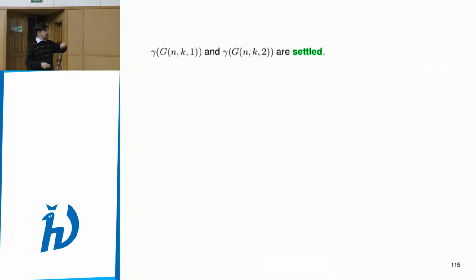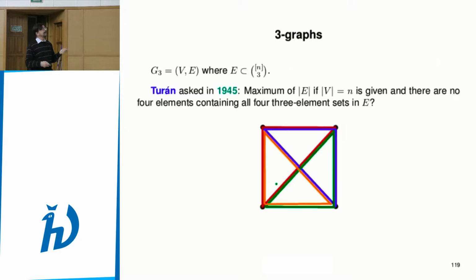So time is over. So we settled this one and this one. So what happens if we take 3, L to be 3? Even in this case, it's hopeless. Why?